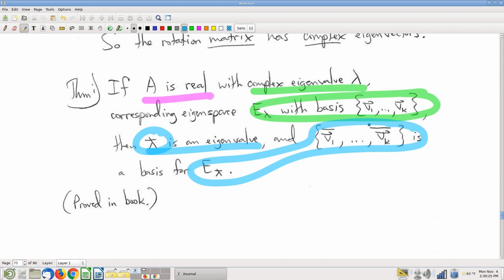So it works really nicely. This is not hard to prove. It's a matter of writing it down and observing that, sure enough, that works. So eigenvalues and eigenvectors can be complex.